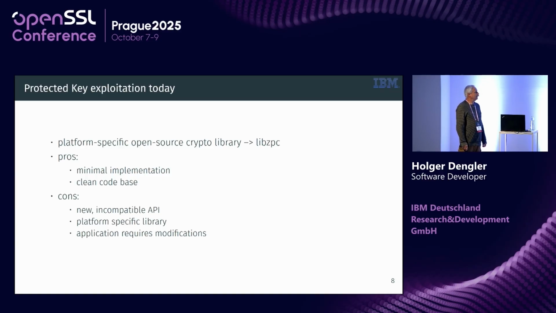And this is maybe a very minimal implementation. So it looks a bit similar to the APIs we are familiar with from OpenSSL. It has contexts. You can initialize the context with key material. You can initialize the context with an IV and so on. But it deals only with this kind of protected keys.